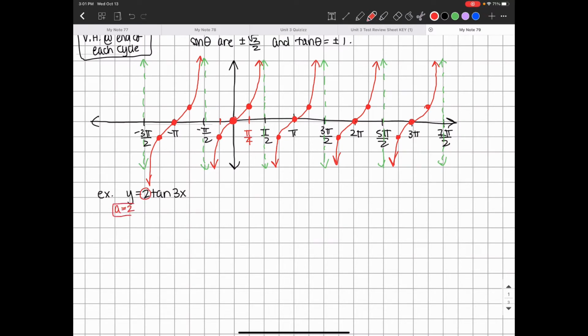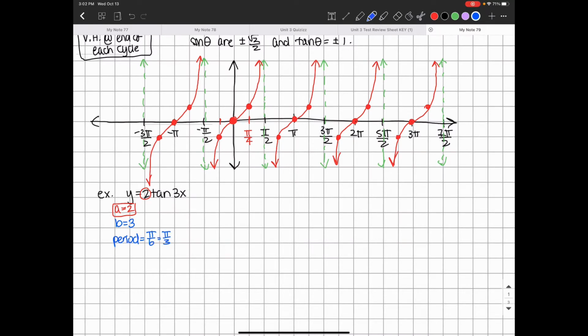That's something I need to keep in mind, because that's going to tell me these important points. The b is the coefficient for what's inside of tangent, so that's 3. I'm going to use that to find the period. So the period is equal to pi over b, or in this case, pi over 3.